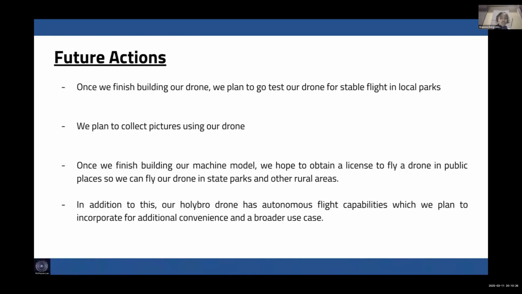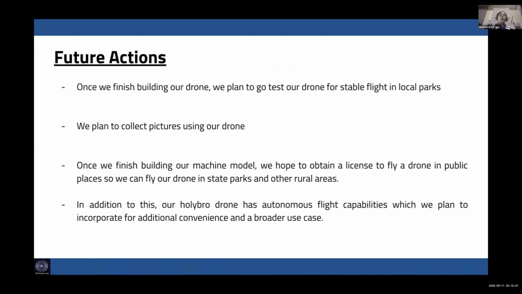For our future actions, once we finish building our drone, we plan to test it for stable flight in local parks. Once we want to put this kind of idea and product out, we want to make sure it has full flight capacity and won't have failure in certain places.